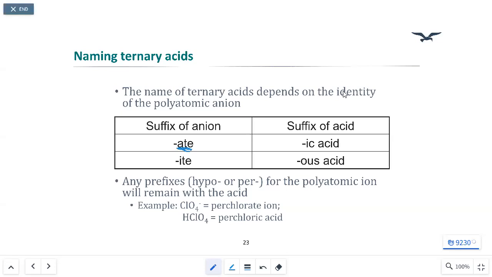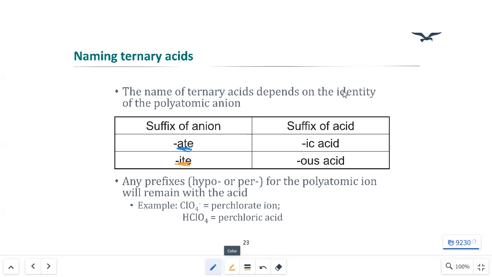If our ending is in ite, like chlorite or hypochlorite, sulfite, it gets changed to ous acid. So sulfite becomes sulfurous acid.